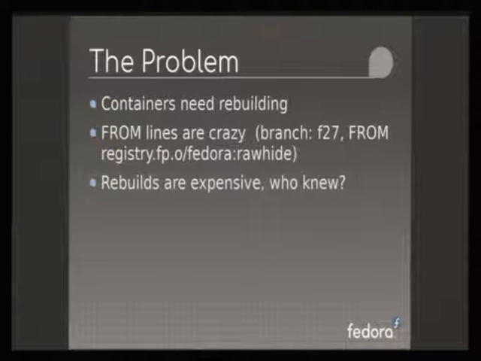Then you usually have a second layer that has the application you want to deploy, like a web server or a chat server. Whenever there is an update to that base layer, the second layers need to be rebuilt. And if there are third layers or fourth layers, we have to chain build all of these things.